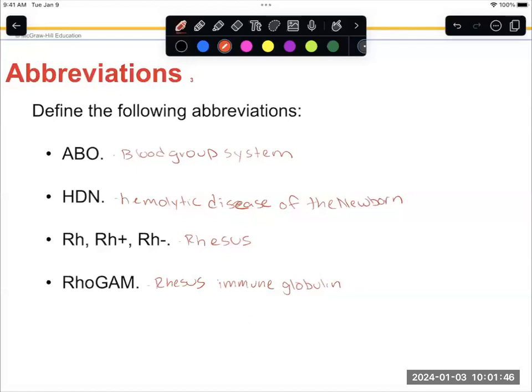This can happen if mom is Rh negative, dad is Rh positive. They come together and they make an Rh positive baby. Mom's blood will try to attack the newborn's blood or that fetus's blood. So this is given to a mother in this situation to prevent her blood from attacking that fetus's blood and causing more problems.